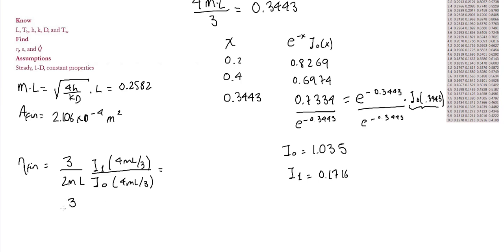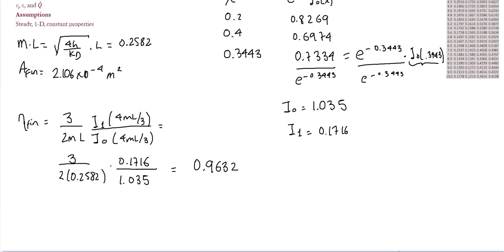We got 3 over 2, the value of ml, it was 0.2582, and we already found the values. I1 is 0.1716, and the value of I0 is 1.035, and then we find that this efficiency is equal to 0.9632.